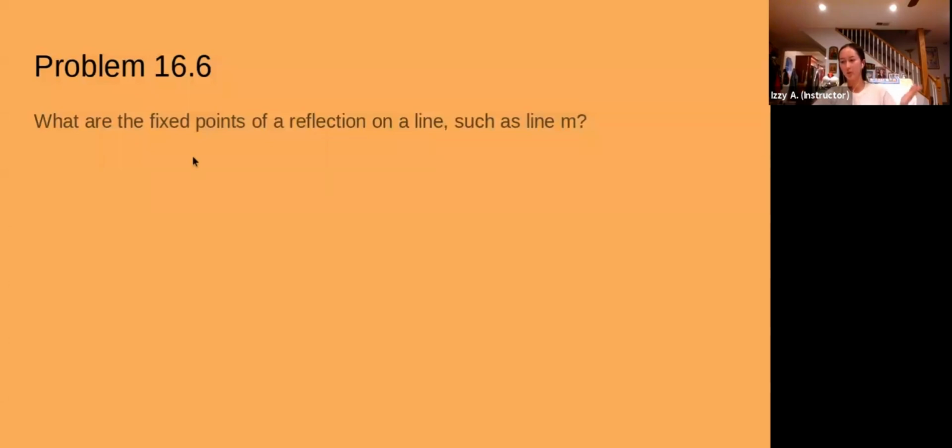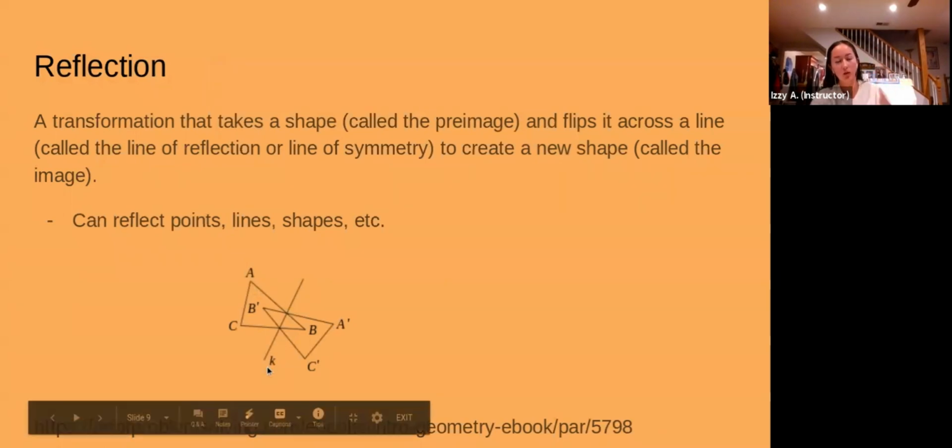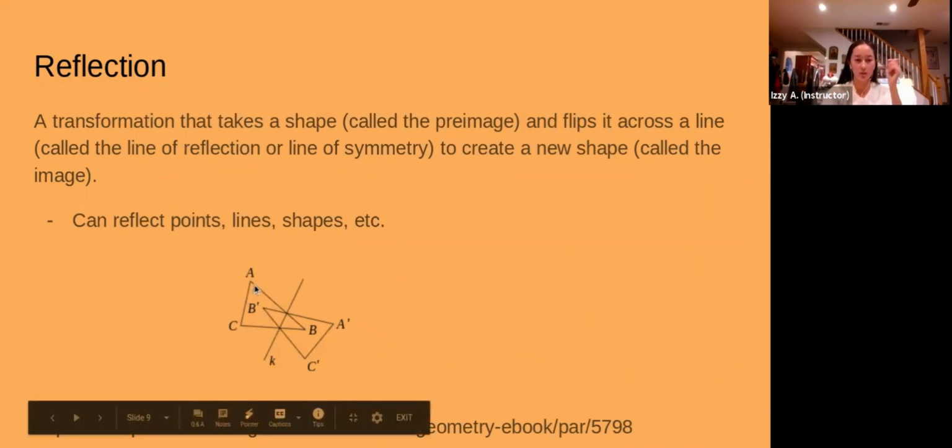And then I said that you were flipping a line, but you could also flip a shape or a point. You could flip anything across an axis. Just to go back to the reference image, we're flipping this image across line K. You can imagine that line K is actually line M. But if you notice, all the points on the line map back to themselves.